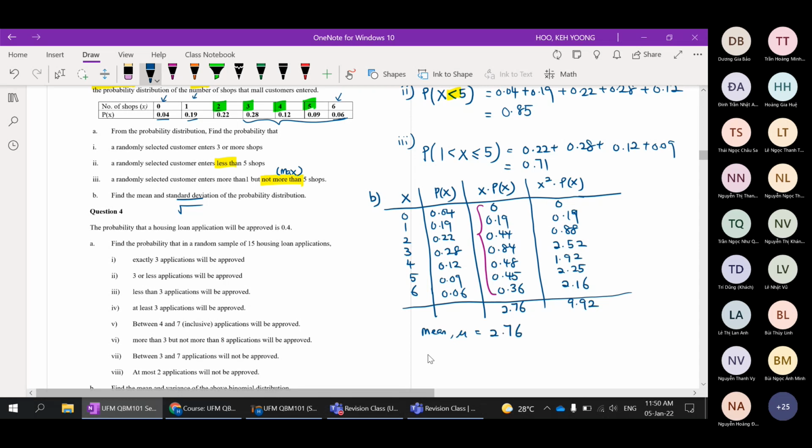How about the standard deviation? The symbol we use is sigma, without the square. It is the square root of the total x squared times P(x), 9.92, minus the mean squared, 2.76 squared. Press your calculator and you get 1.52.